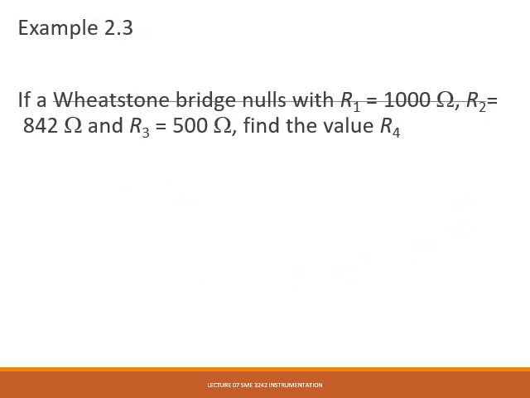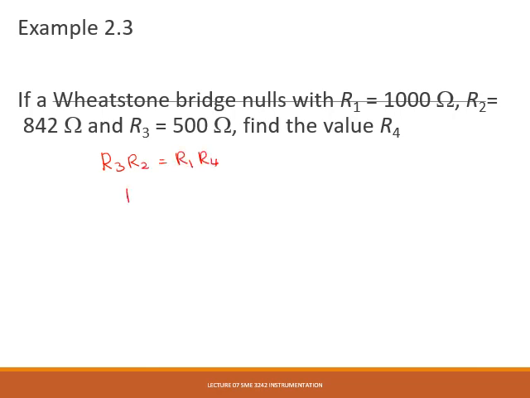This example shows how to use the condition in order to design a null Wheatstone bridge. The values of R1, R2 and R3 are given. Therefore, we need to find the value of R4 so that we get a null bridge. We already know that the condition to satisfy is R3 R2 equal to R1 R4.